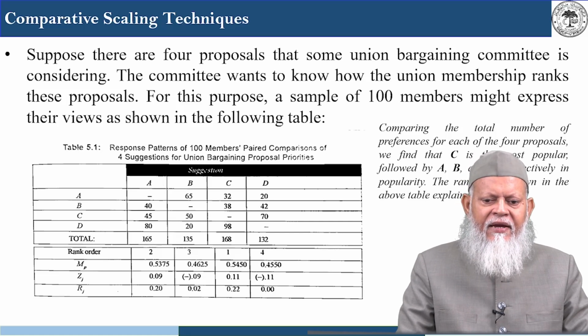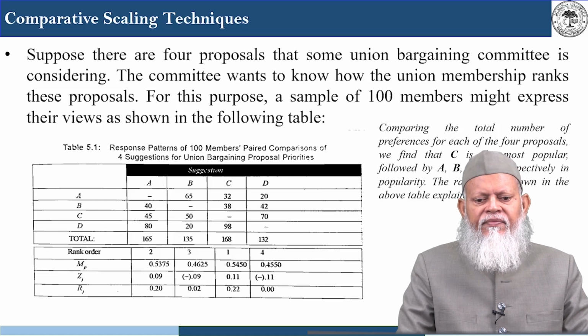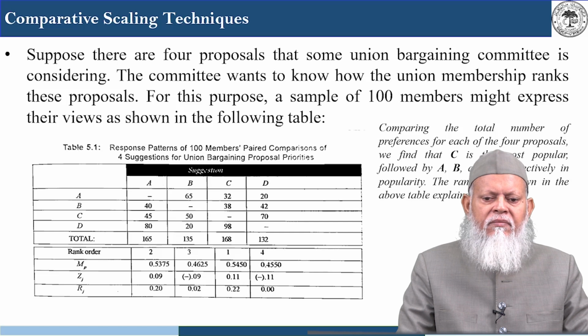How has it been arrived at? It has been arrived at by putting the value of the minimum Zj, that is minus 0.11, to 0.